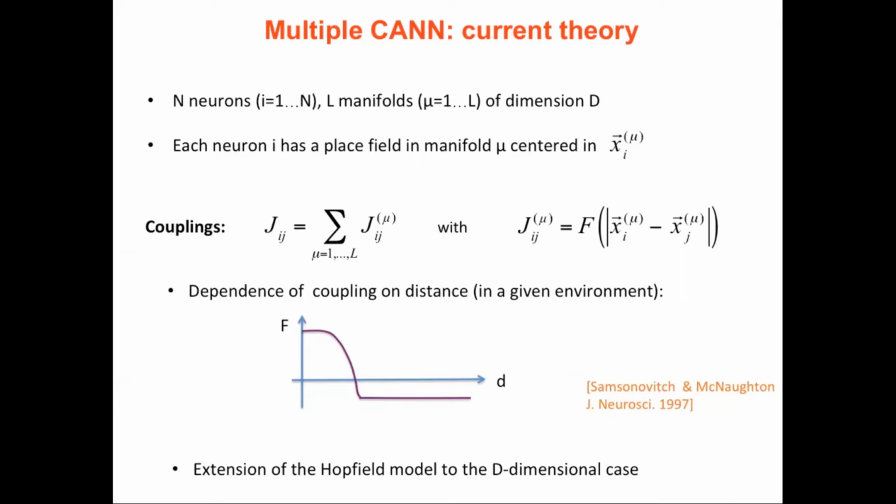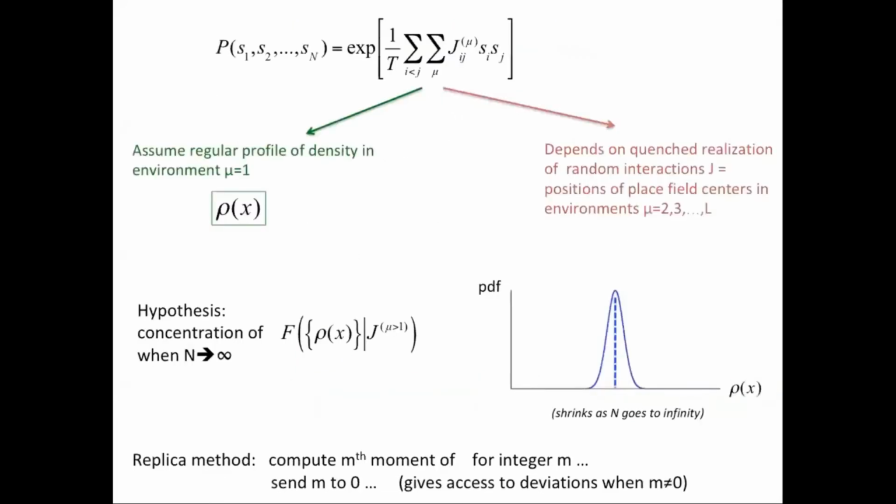Okay, so what can we say about the properties of this model? I've shown some Monte Carlo simulation, but can we be more precise from the analytical point of view? Can we actually build the phase diagram of this model? So the answer is yes. And essentially what we have to do is to study the properties of the Gibbs measure, which I have written here on the top of the slide, which is just a ferromagnetic model in each environment.